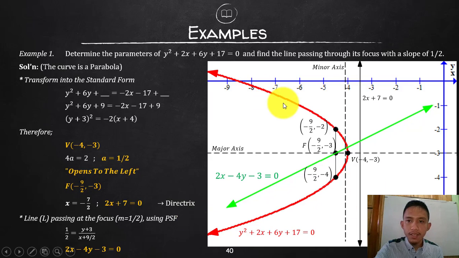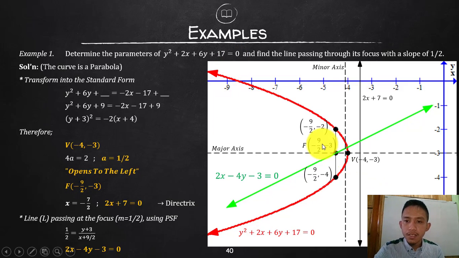If I draw this one now, this is our parabola. These are your latus rectum. By the way, if you are drawing it manually, it is always better to get the endpoints of your latus rectum, so that will serve as another 2 points of your curve, and then all you need to do is trace from the vertex to those ends of the latus rectum smoothly, and then you will have the drawing of your parabola.